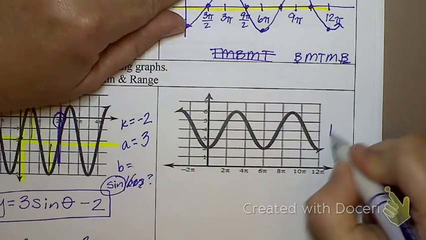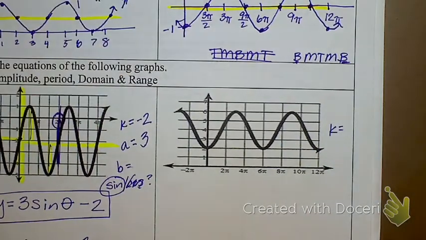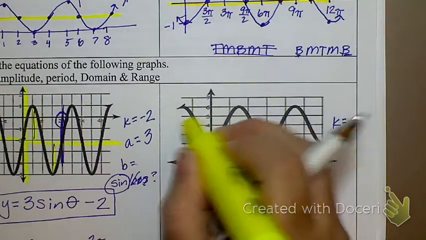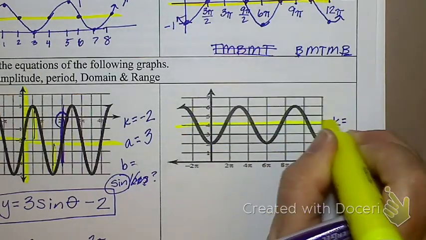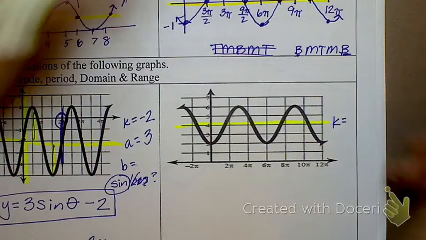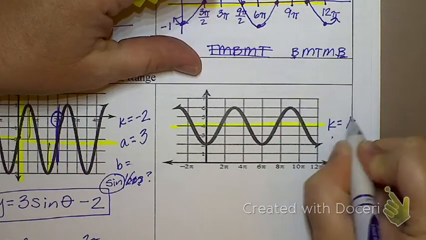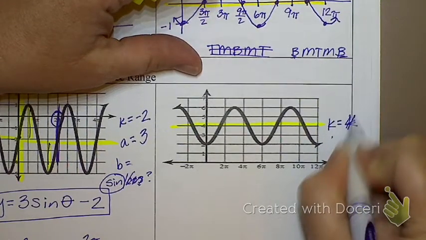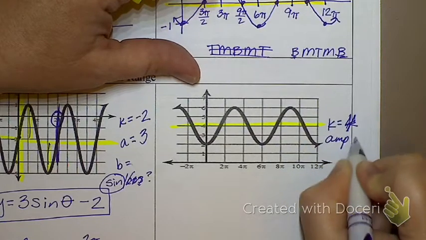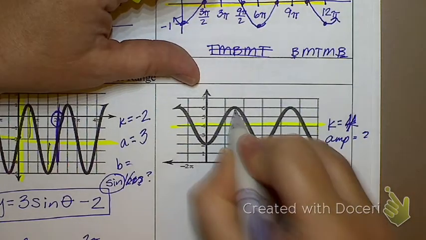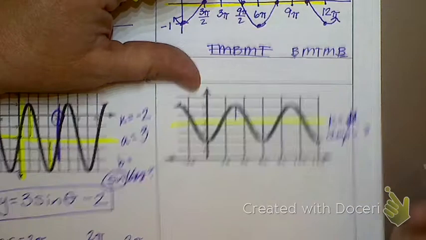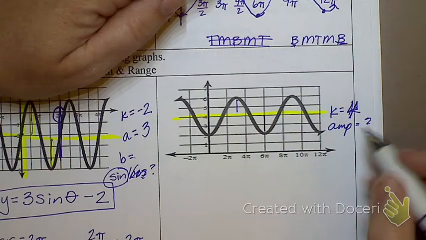Last one here. What is my k value? What's my midline? 4. Looks pretty good. So k is 4. What's my amplitude? 2, because it's going up 2 and down 2. Is this a sine or a cosine graph?